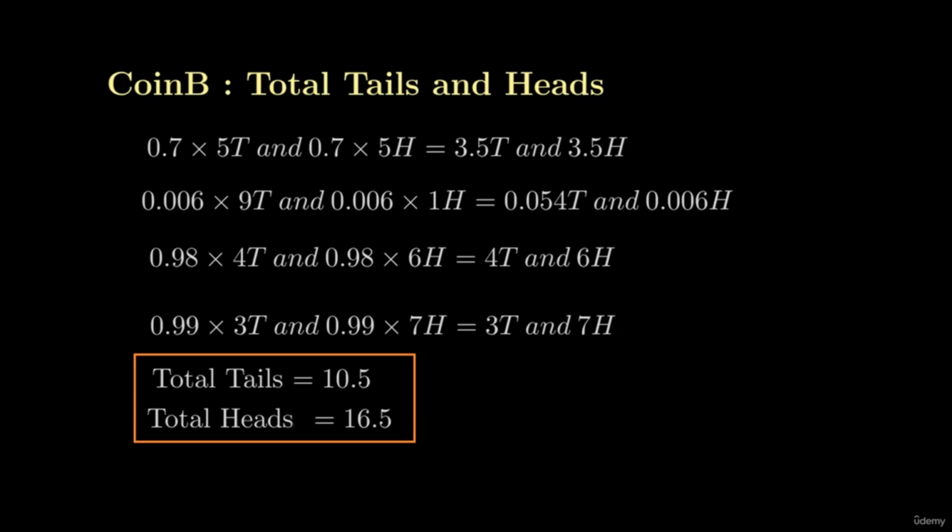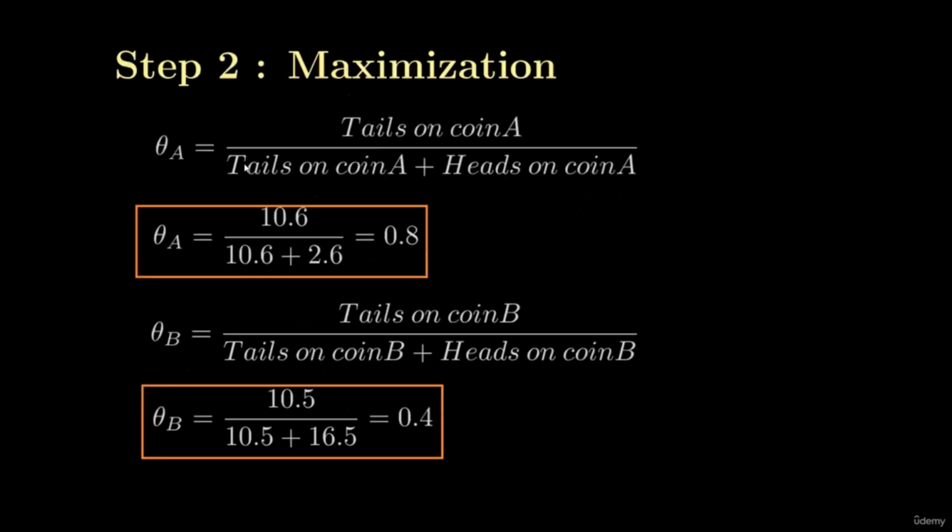First, we calculate the probabilities of all the trials with the coins, and then we normalize those values. And after getting the normalized values, we are getting now the total heads and total tails for coin A and coin B.